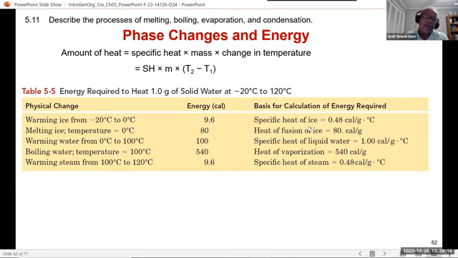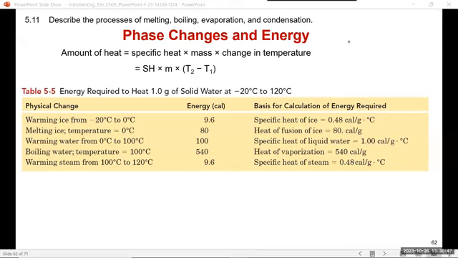When you heat ice, it's just heat in the ice. Melting is a phase change. Melting is solid becoming liquid. Can you see my slides right now? Can you see phase changes and energy? Yes. Okay, I want to make sure that it's shown on your screen.